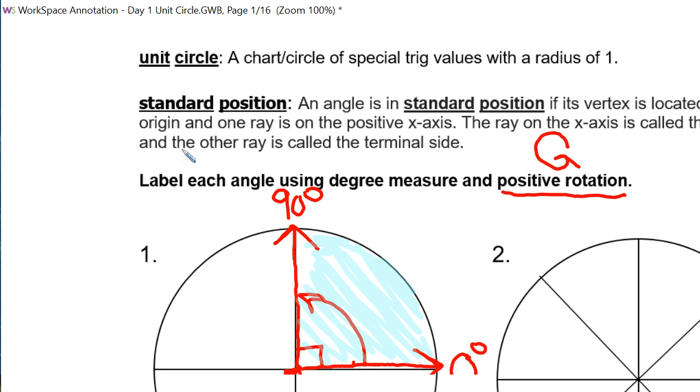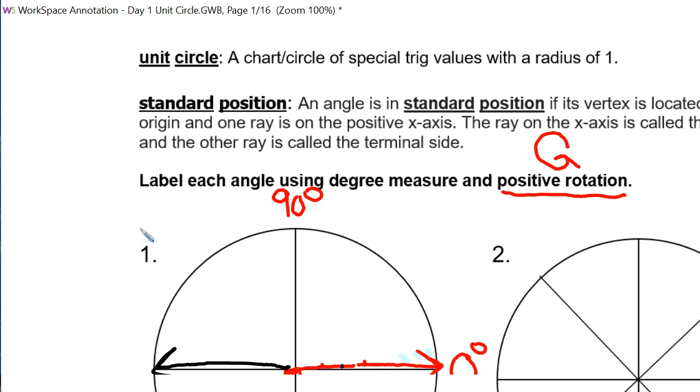So continuing on, again, my initial side is staying on the positive x-axis. So now with the terminal side, we're over here. 180 degrees.